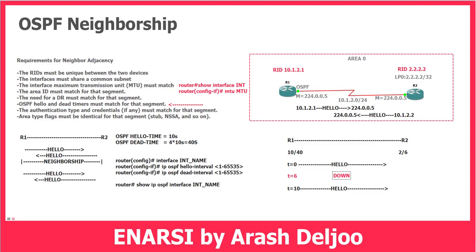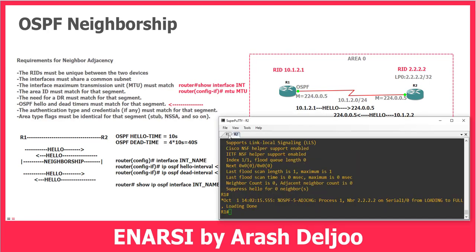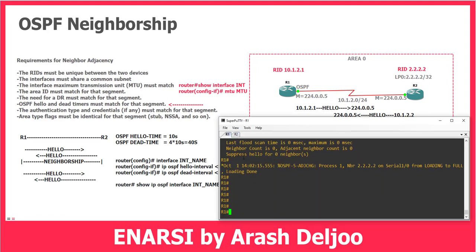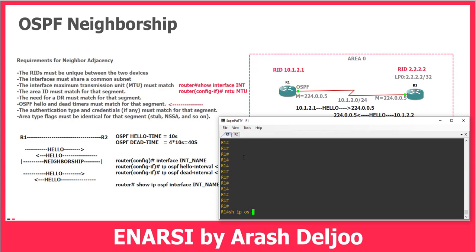Also, if you want to verify the hello time and dead time, or hello interval and dead interval, you can use show ip ospf interface name, or show ip ospf interface | include timer, which is easier.